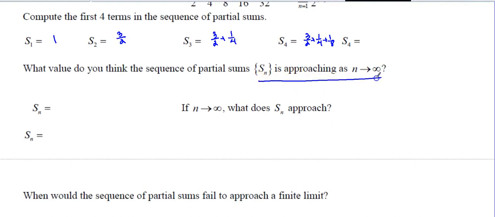So we are going to predict what happens if I add infinitely many terms. For this part, we are going to check whether the sum exists or not.